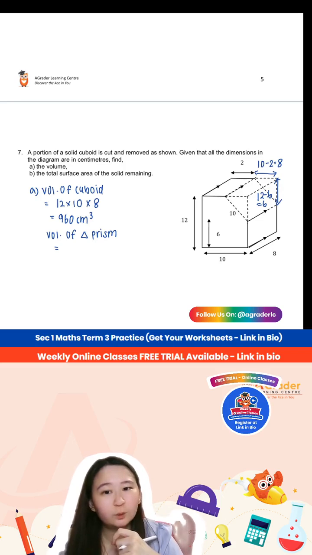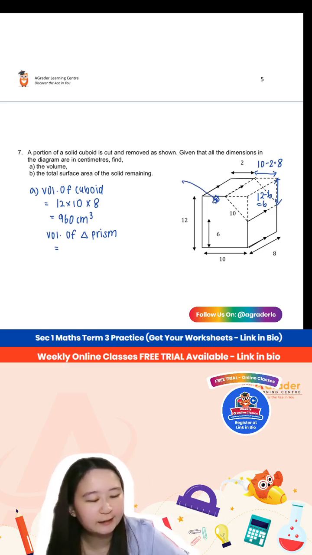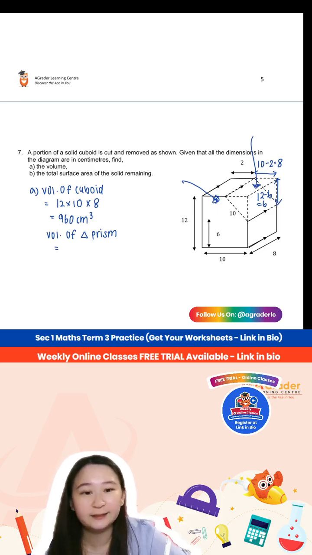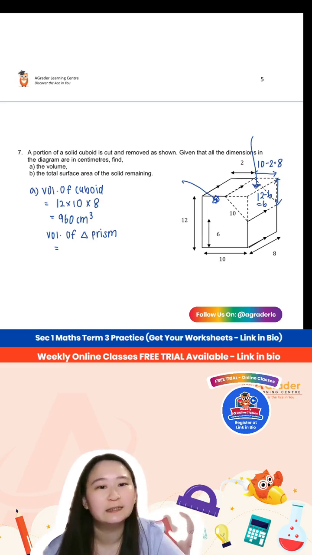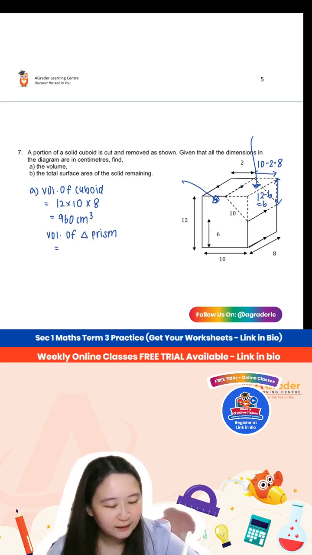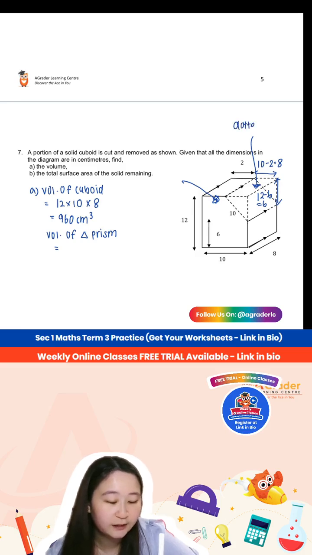But how do you know whether they want the volume of this figure here? You can see that after cutting, this is the dotted line, right? It's not a solid line. So when they ask for the volume, it has to be after cutting, because this part here is in dotted line, meaning it's not even in the figure.